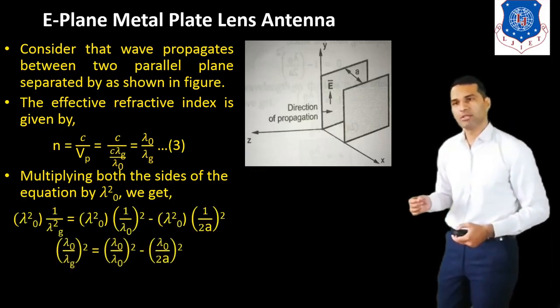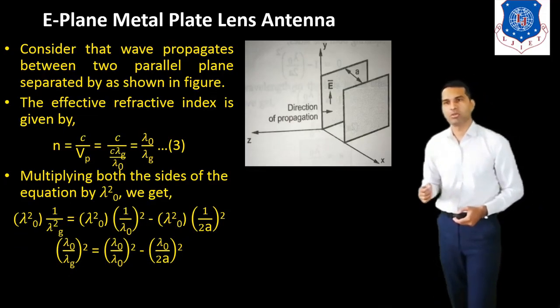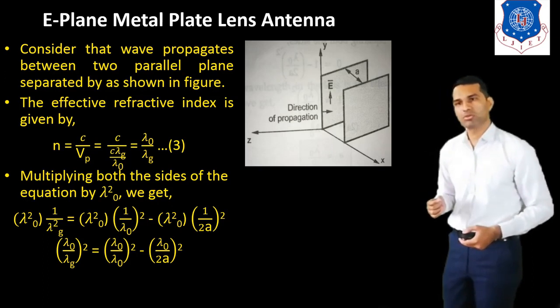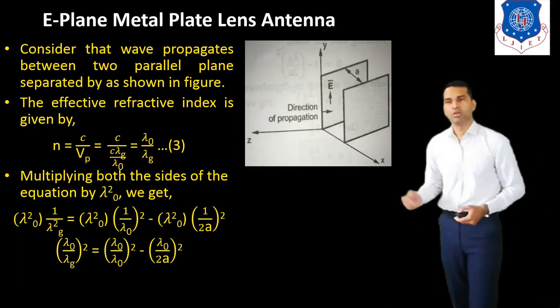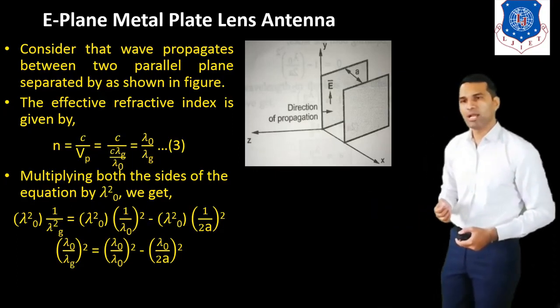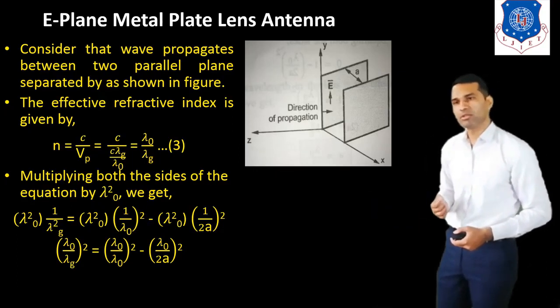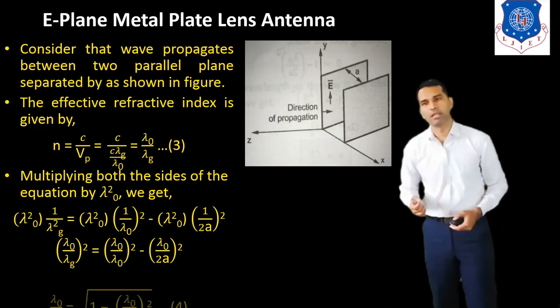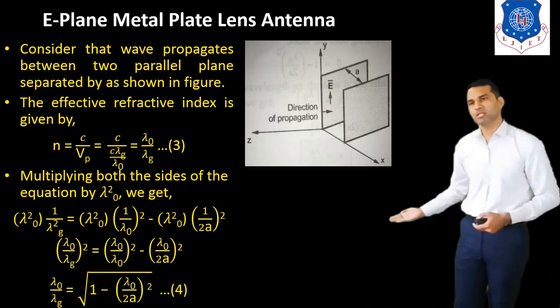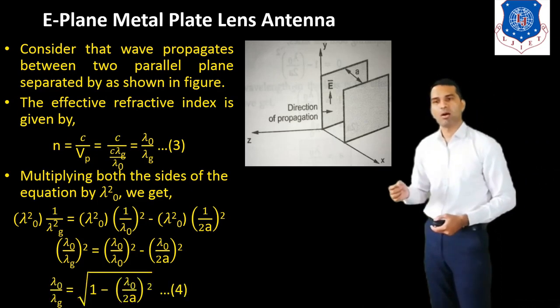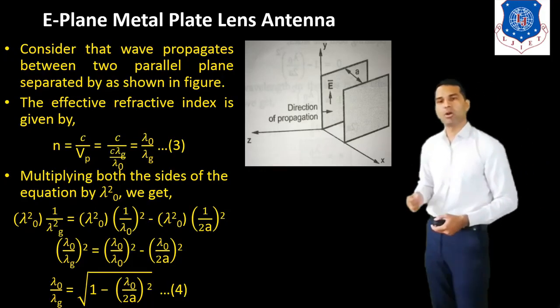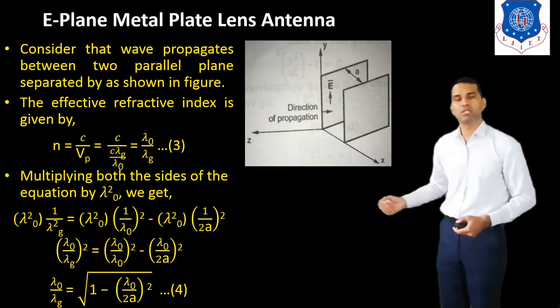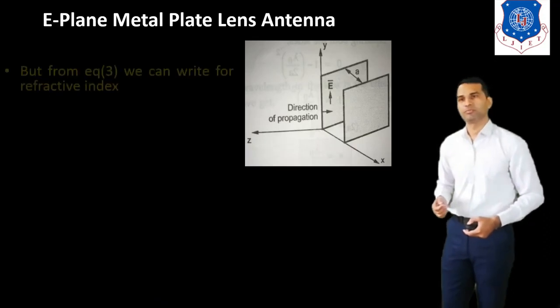So we get λ0²/λg² = 1 - (λ0/2a)². When we simplify this, we can write λ0/λg = √(1 - (λ0/2a)²). And we give this equation as equation number 4.